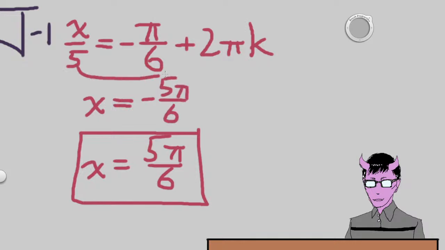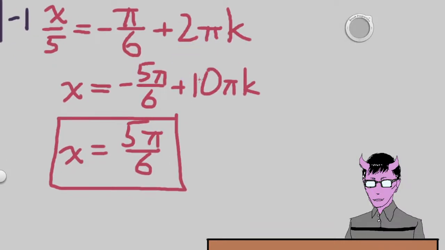Just to retrace the work, times 5 to this one, so that's plus 10 pi k. So same argument as before, adding any increment of 10 pi or subtracting any increment of 10 pi will take us well past the domain restriction, so let's ignore this.